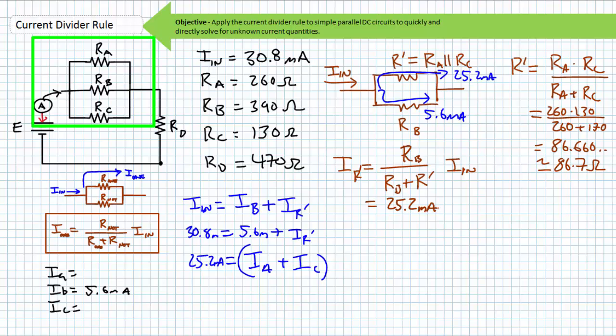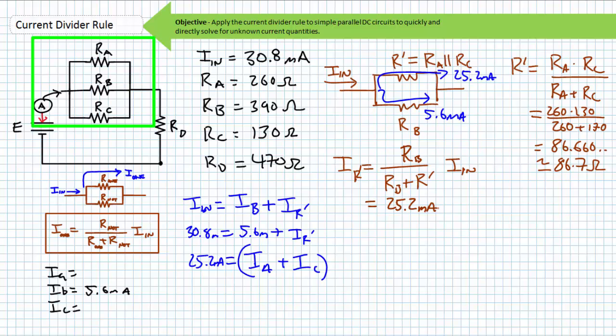Kirchhoff's current law is my preferred choice since the algebra is pretty easy, but by all means attempt the CDR, see if you can get the same answer. Again, since R prime is the parallel combination of RA and RC, this lump sum of 25.2 milliamperes being drawn by R prime is really the undistinguishable mass of IA and IC.